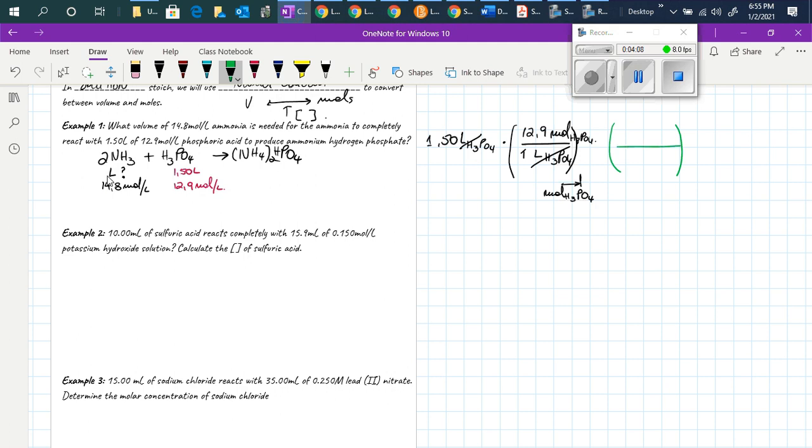So 1 mole of phosphoric acid is using 2 moles of ammonia. So moles of phosphoric acid cancel out, and what you have up to here is moles of ammonia.